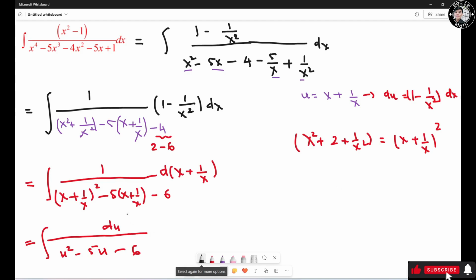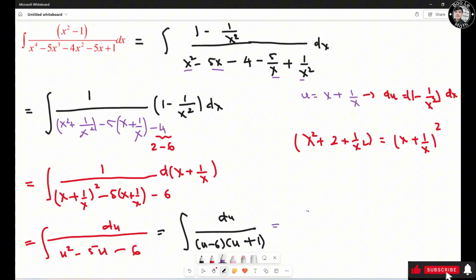The bottom can be written as the integral of du over u minus 6 times u plus 1, and this can be written as the integral of u plus 1 minus u minus 6, over u plus 1 times u minus 6, du.